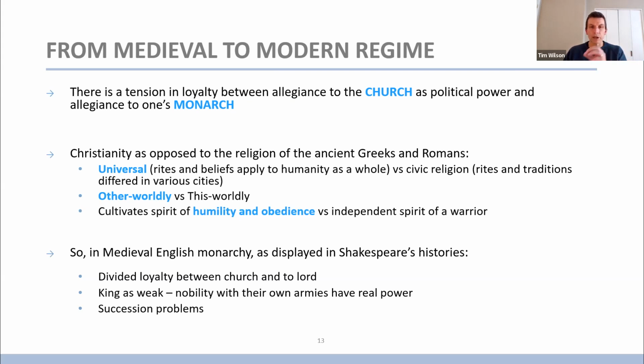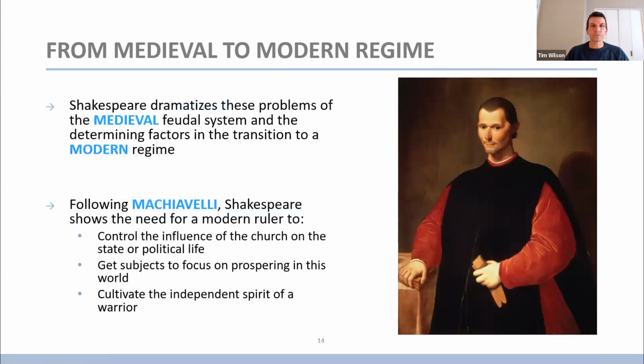So a number of these monarchs' weakness is at play, and part of that in some cases will be because of the divided loyalty, or because their nobility are the ones that have real power. And we also see succession problems in all of these plays. Succession in monarchy is one of these Achilles heels of that institution. If there is not a clear succession, it can always lead to power struggles and internal strife.